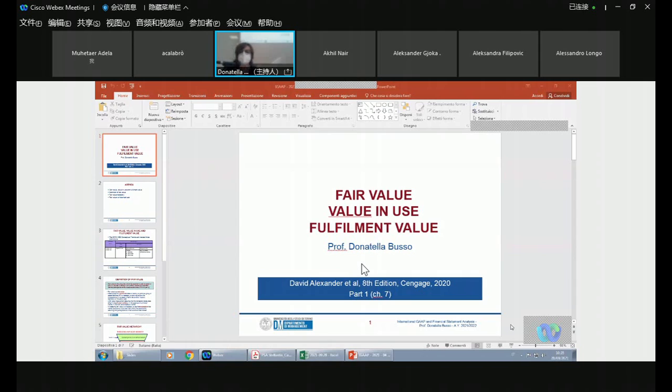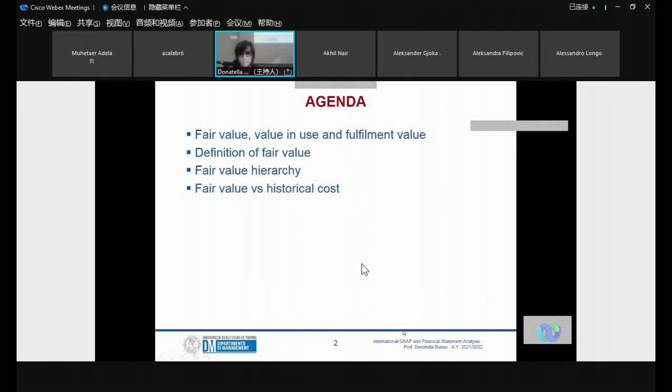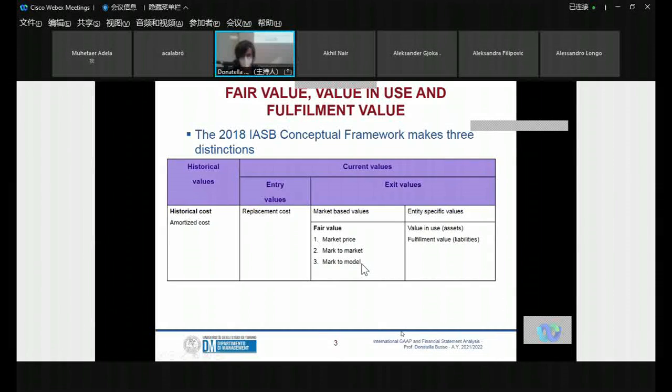So in this slide, we start with the same chart that we saw yesterday, with the measurement basis allowed by the conceptual framework.